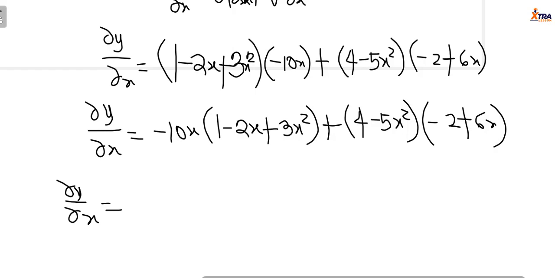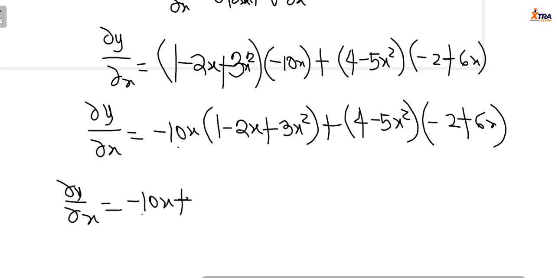We have minus 10x times 1, we have minus 10x. It depends on the way they leave the answer. They can leave the answer like this, or you expand further. So minus 10x times 1 is minus 10x, and the minus 10x times minus 2x, that will be plus. Minus times minus is plus.